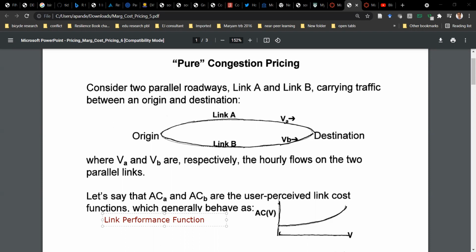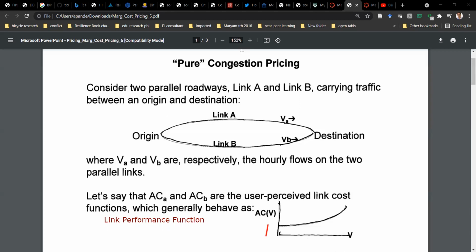If you only have one car on the road, that car is going to spend some time traveling that link, whatever the free flow speed is. You can see this portion of the curve right here as my fixed cost.